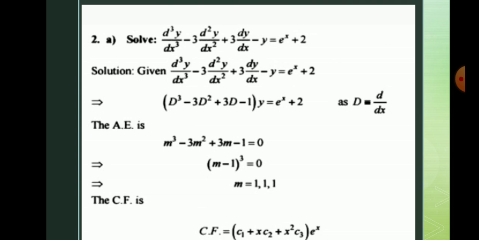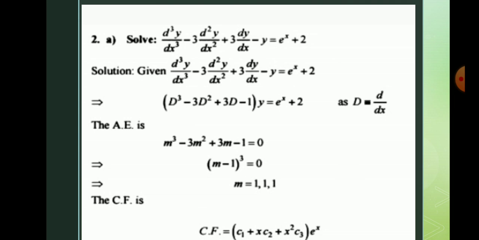So here the roots are m is equal to 1, 1, 1. Since the roots are real and equal, the complementary function CF is equal to (c1 plus x c2 plus x square c3) into e to the power x.